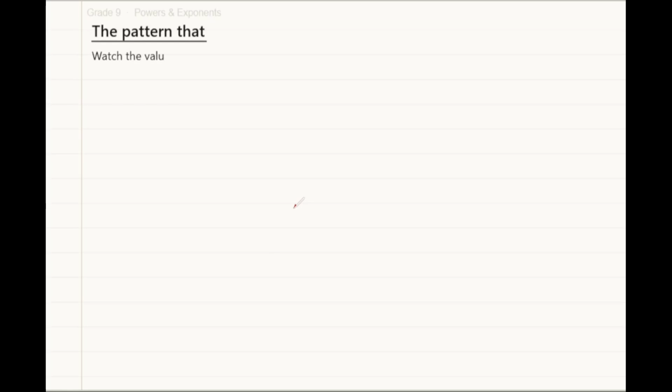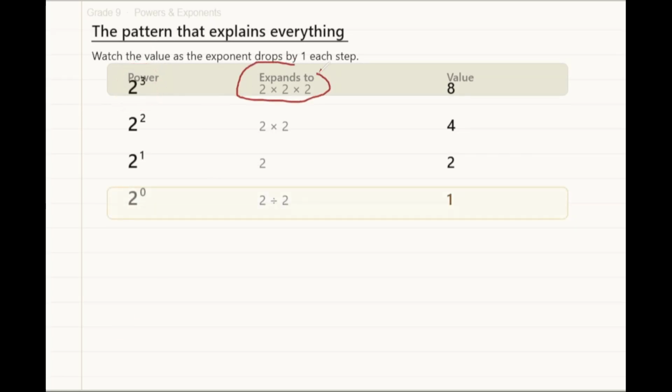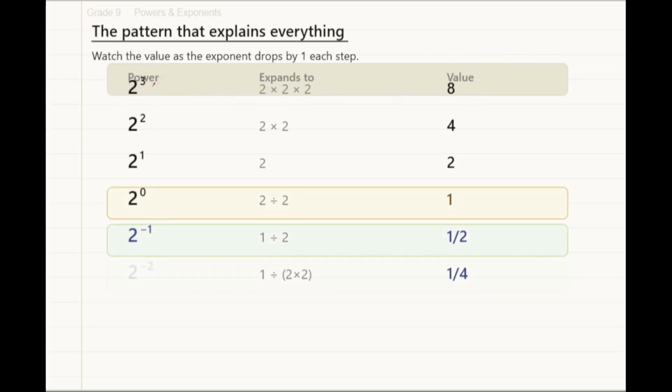Now, I want to show you the most important idea in this whole lesson. It is a simple pattern. Now, look at this table. On the left is the power, in the middle what it expands to, and on the right the value. So 2 to the power 3 expands to 2 times 2 times 2 and the value is 8. Similarly, 2 to the power 2 is 2 times 2 and the value is 4. So watch carefully.